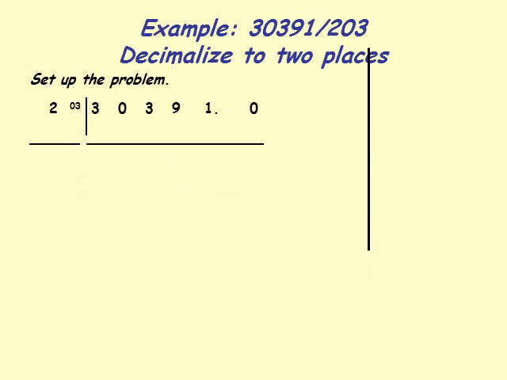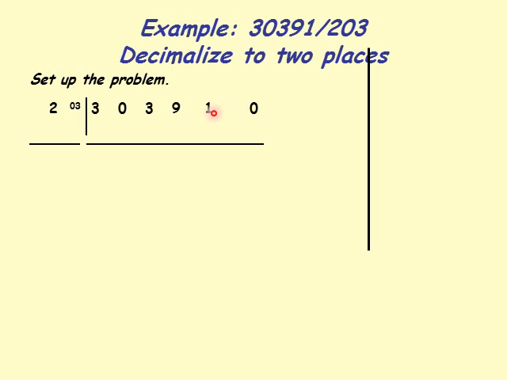We would now decimalize to two places, and the example is 30391 divided by 203. Let's continue here. Set up the problem. Here is my dividend, and because I'm decimalizing, I wrote the dot here and added 0 to the right, because I can add zeros to the right after the decimal.